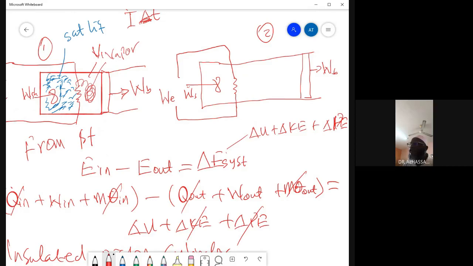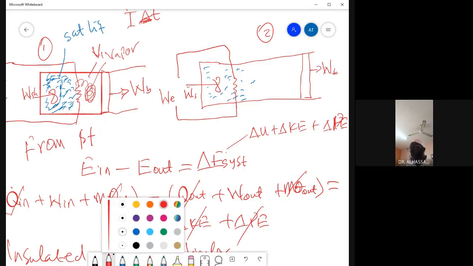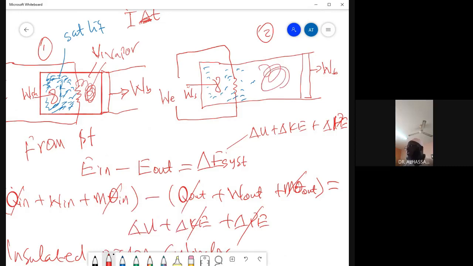The vapor continues until eventually at state 2, we have some amount of liquid present in the system, and some amount of vapor as well.